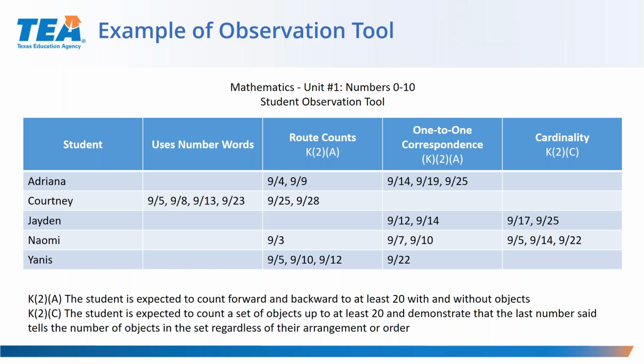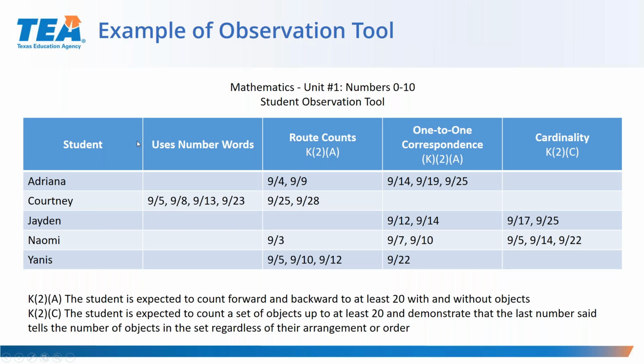Here's an example of an observation tool that's pretty easy to make. This observation tool is for math, for Unit 1 in probably a kindergarten class. And Unit 1 is focusing on numbers 0 through 10. You will see that there are the students' names along the left-hand side.